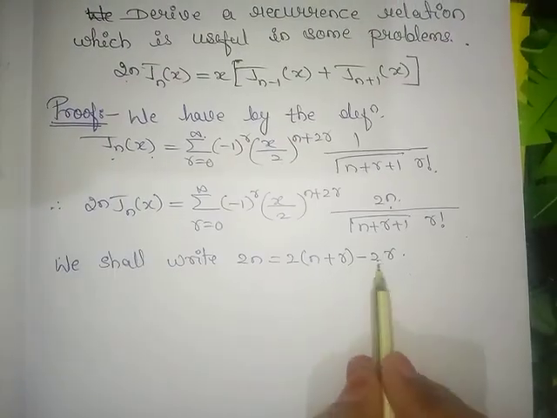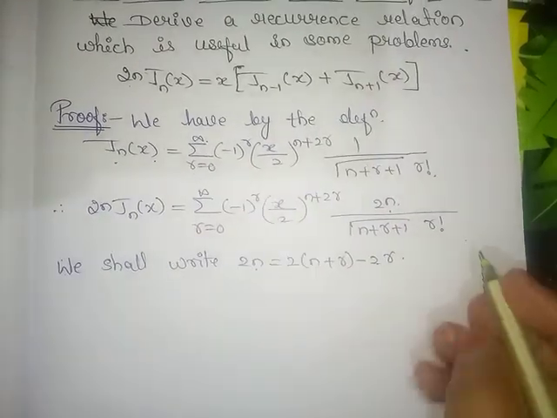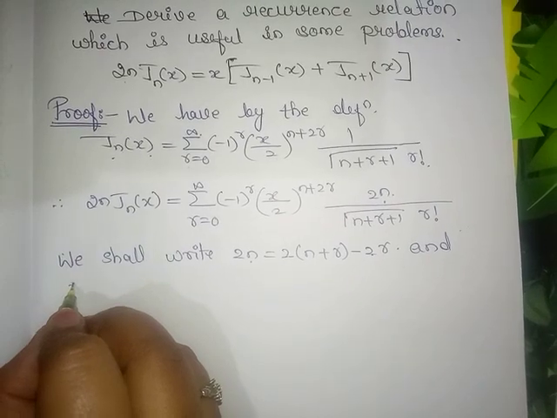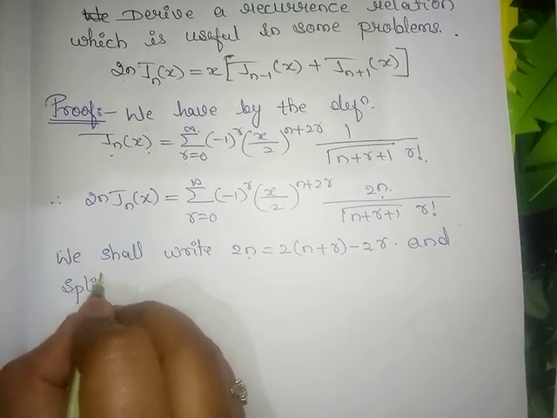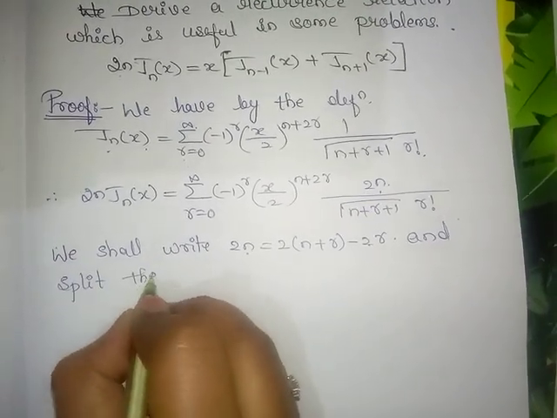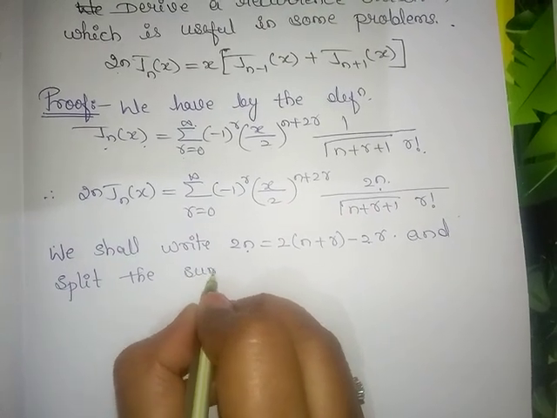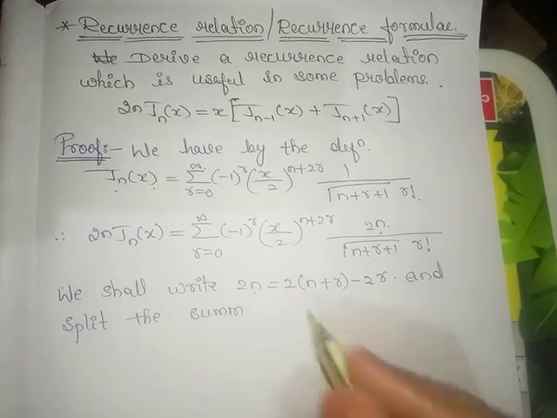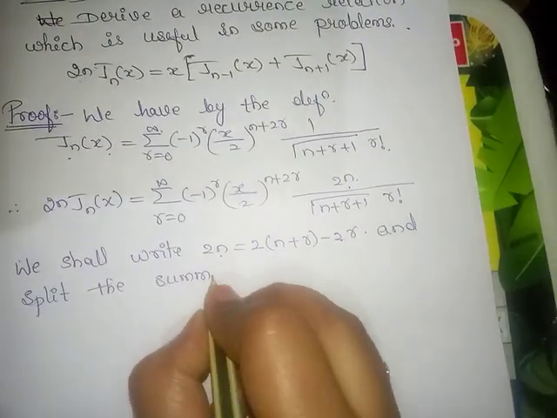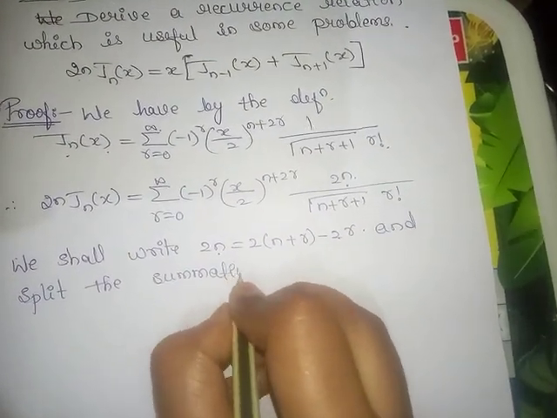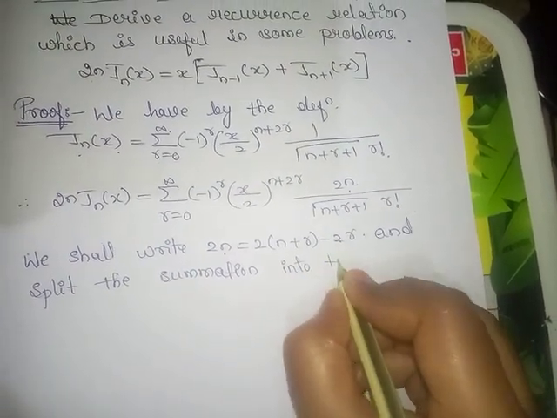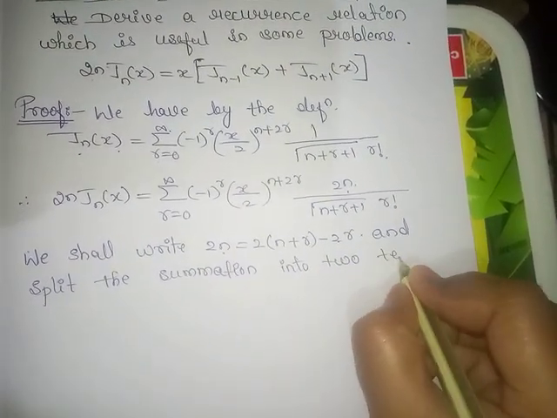When we solve this, we get 2n again, and then we split this summation into two terms.